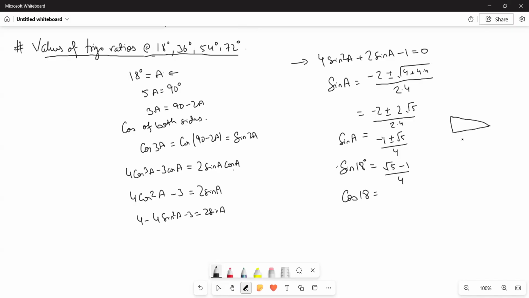So anyone cos 18? सर, whole root 10 plus 2 root 5 all over 4, सर.